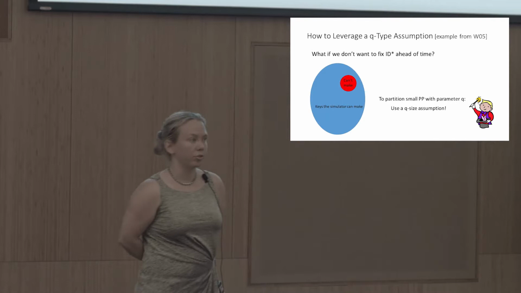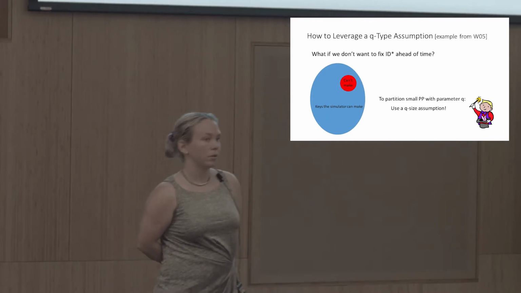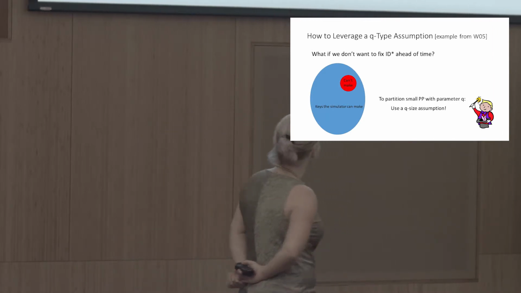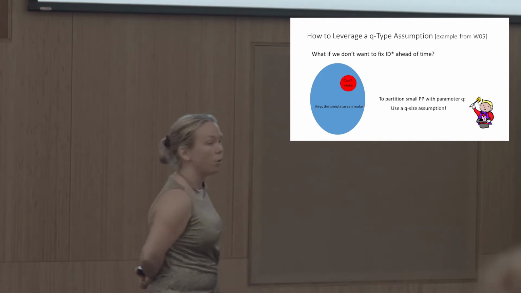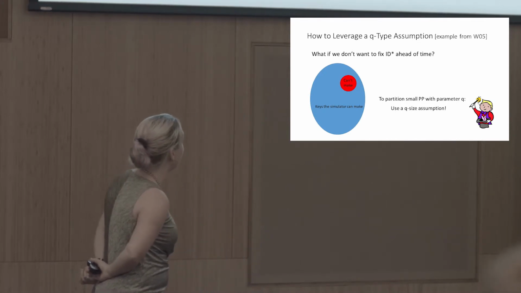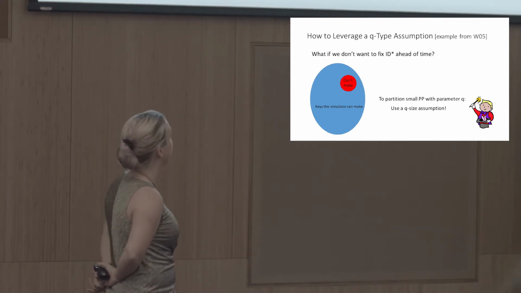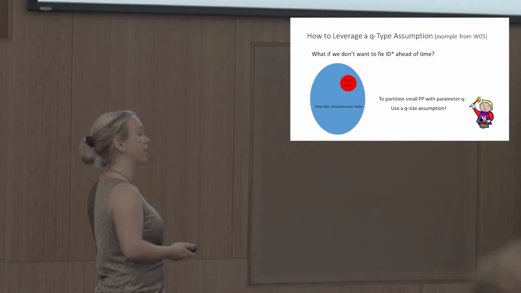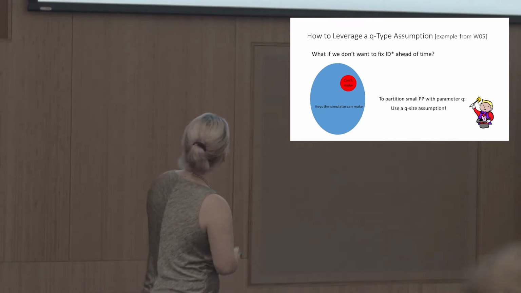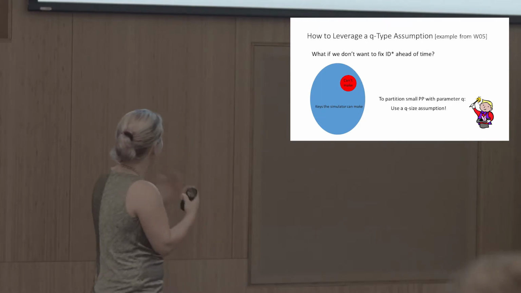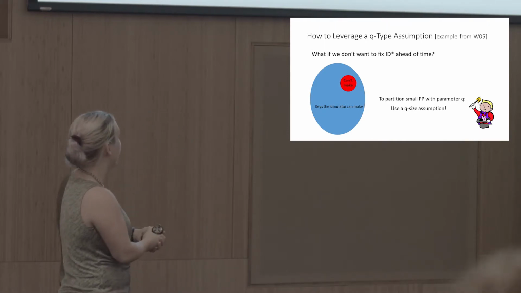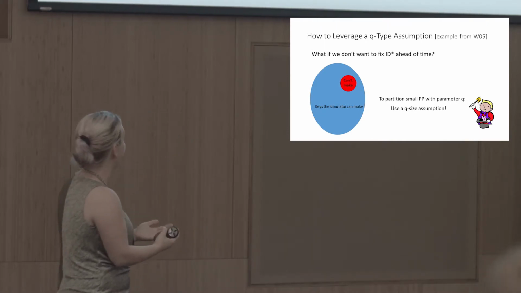Other questions about this? Okay. So what if we don't want to fix ID star ahead of time, and we don't want to accept the huge hit in the success probability that would come from correctly guessing something in a large identity space? Well, one approach is to say we're not going to guess exactly the identity.